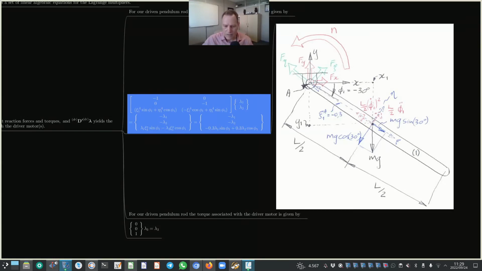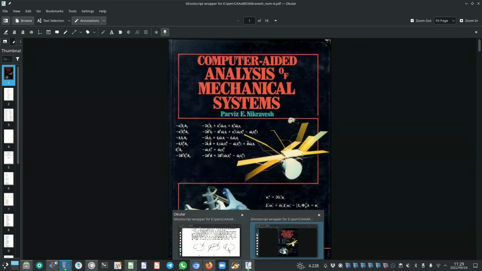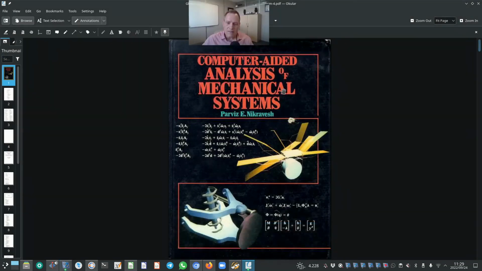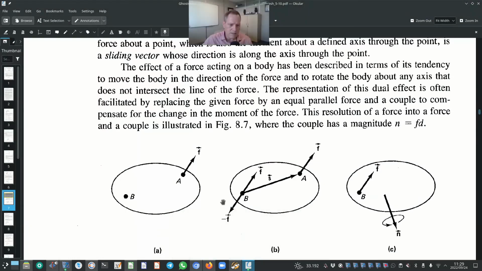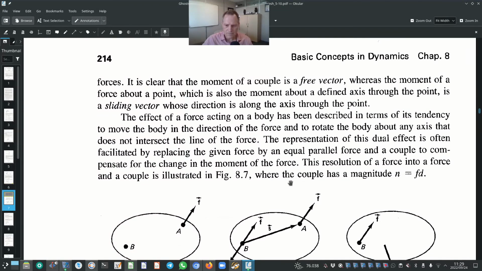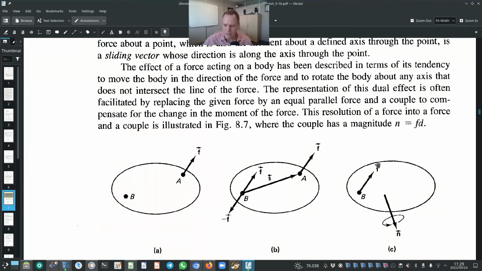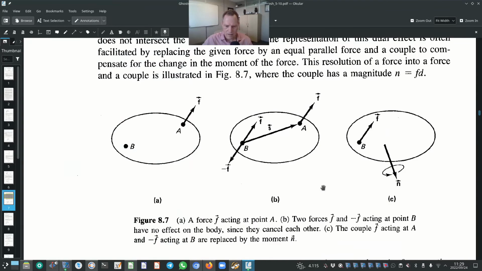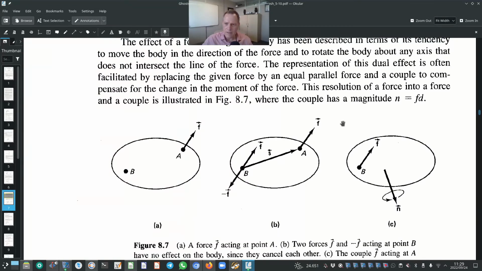To understand that, let's consider another book written by Professor Nikravesh, Computer Aided Analysis of Mechanical Systems. This book was written in the early 80s, and he explains it in chapter 8, in this figure 8.7 over here.